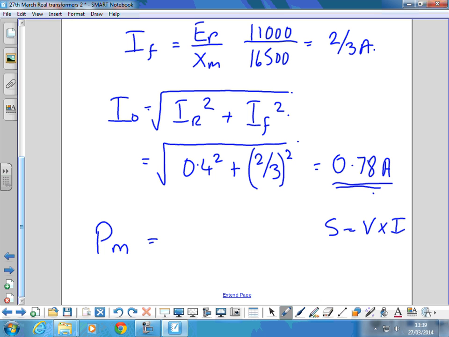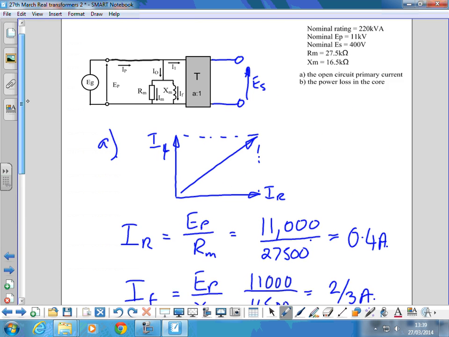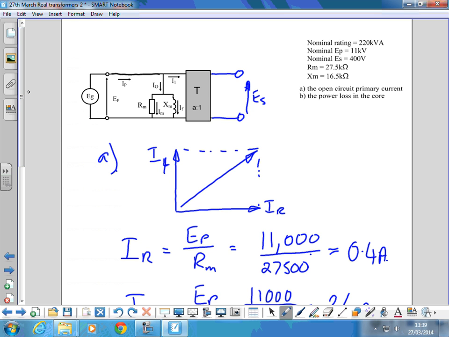We want power. What's going to dissipate power in this circuit? Just the resistor. Remember, the inductor takes in energy in one half cycle and gives it back in the other. No useful power, no heat created by that inductance.